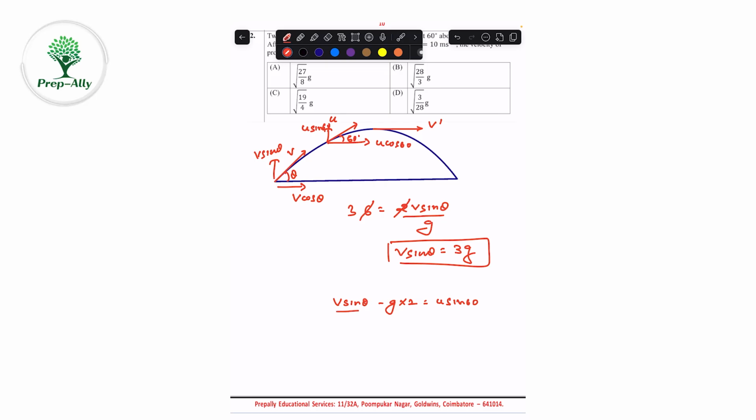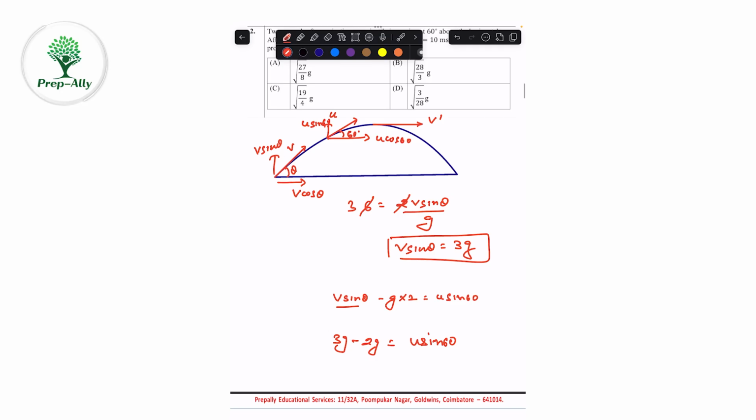From here v sine theta we already have, it is 3g, so 3g minus 2g is equal to u sine of 60. From here we got g is equal to u into sine 60, which is root 3 by 2. And from here u by 2 is equal to g by root 3. And what is u by 2? I can say it is u cos of 60.